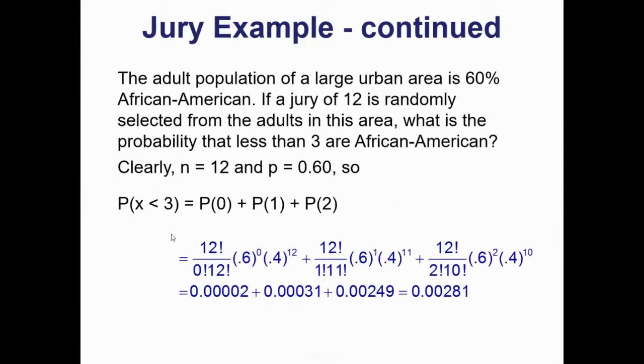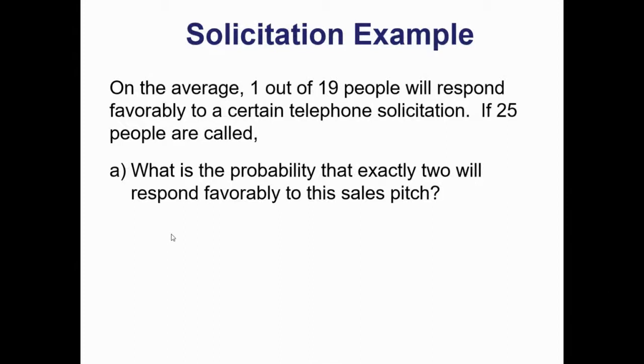Okay, so there's just the solution that we got. Okay, solicitation example. On the average, 1 out of 19 people respond favorably to a certain telephone solicitation. If 25 people are called, what's the probability that exactly 2 respond favorably?